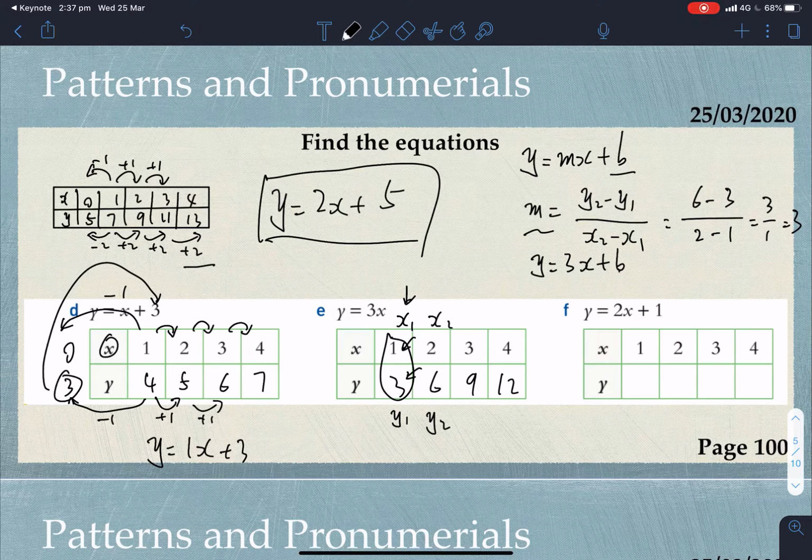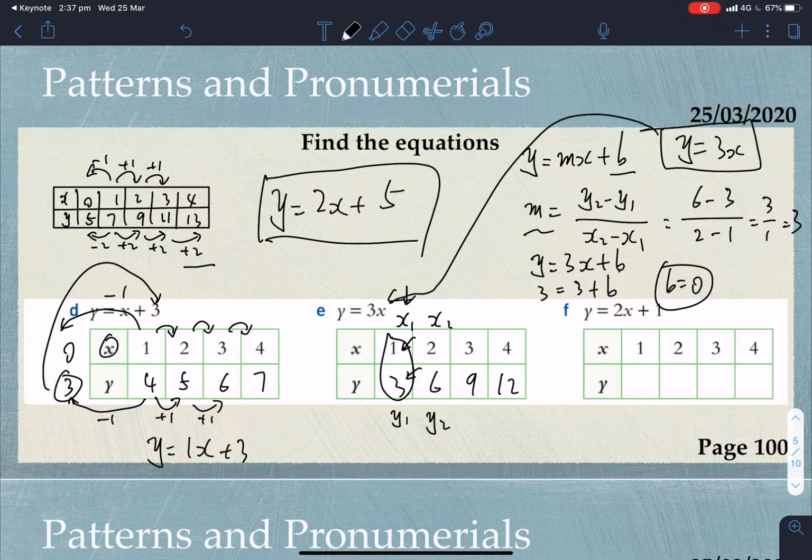So we can substitute y as 3. x is 1, so 1 times 3 is 3 plus b. 3 plus something equals 3, so we know b is 0. That's how you work that out. So it's y equals 3x plus 0. This basically remains y equals 3x. So it's the same as the equation here. Is that easy or not?